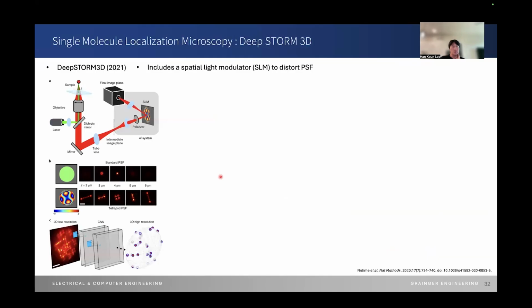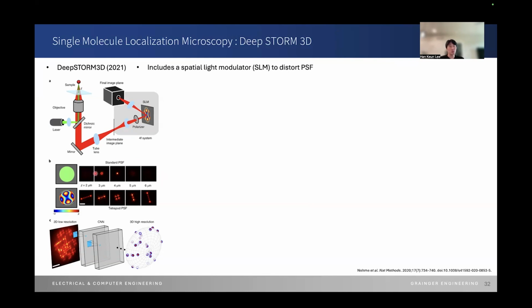So they have demonstrated in 2D, but they wanted to further advance the technology by making 3D reconstruction possible. How they did it is that they changed the point spread function in a way that they can create a certain pattern depending on the axial direction. In the center, the point spread functions in the axial direction look pretty much similar.